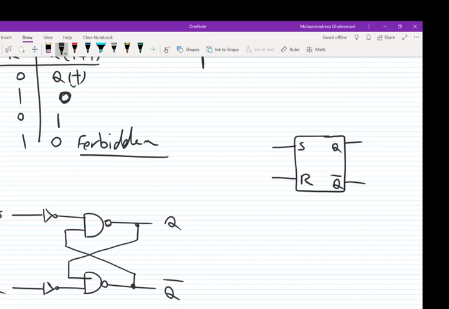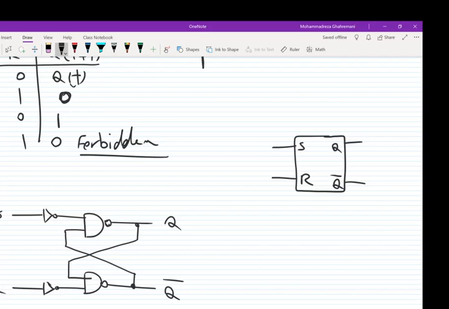Now that we learned how an SR latch works, if you remember in the combinational circuits, we discussed the benefits of having an enable input to activate the gate or disable the gate. Okay, so the same thing here.